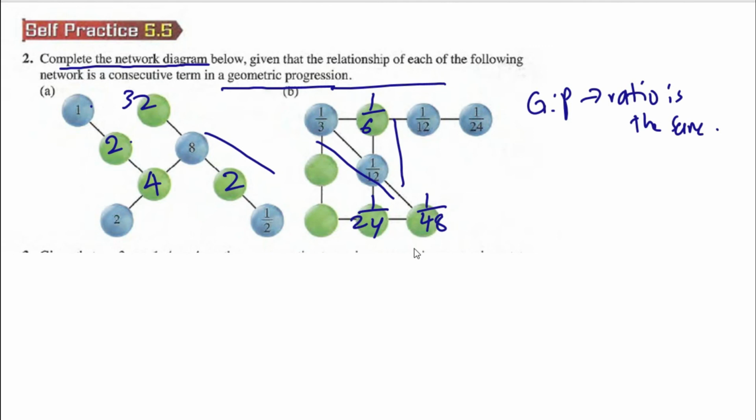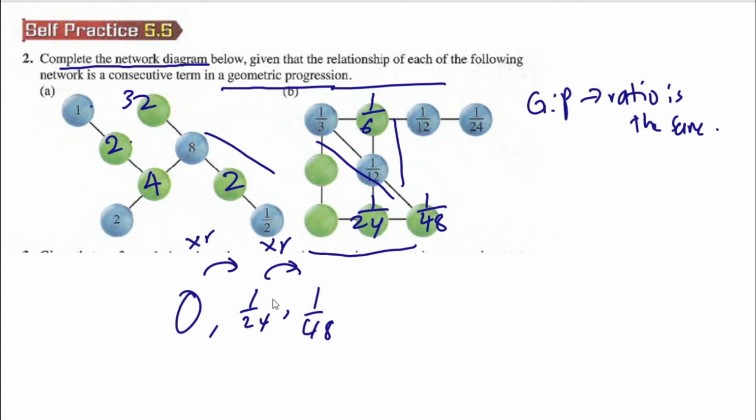So we see another straight line. So now we can get this one. So we have box, 1 over 24, 1 over 48 with the same r, times r, times r. So we can find r from these two terms. So 1 over 48 divided by 1 over 24. Divide fraction means multiply 24 over 1.